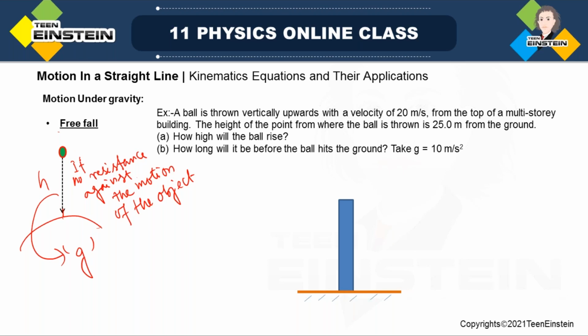That means the object will be freely falling towards the ground with the acceleration due to gravity, which is denoted by small g, and has a value of 9.8 meter per second square. Sometimes in competitive exams, for ease of calculation, g will be mentioned to be taken as 10 meter per second square.